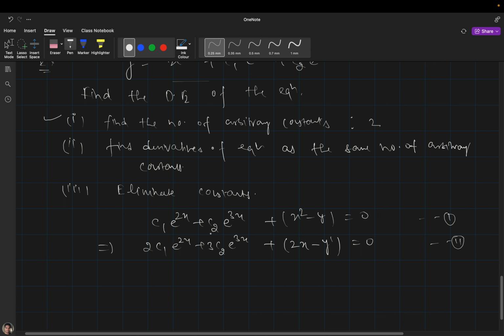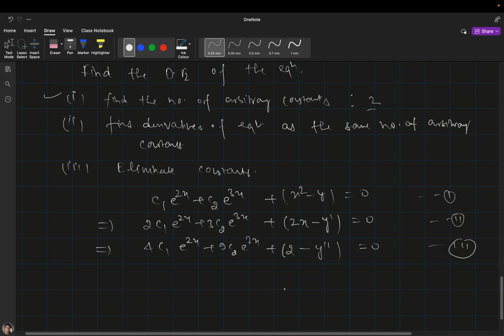Now you have to find the derivative one more time, because you have to find the derivative two times. Okay, now differentiate this again. So you will get 4c1 e raised to the power 2x plus 9c2 e raised to the power 3x plus 2 minus y double dash equal to 0.